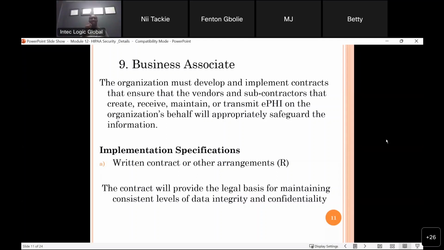Right. This reminds me of one of the questions I remember from the New York University job interview. The guy asked me, so what triggers a BA to be signed? And honestly, I had learned HIPAA, I know it inside out. Then I said, it depends on the engagement. If the engagement contains PHI, then definitely you must sign a BA.